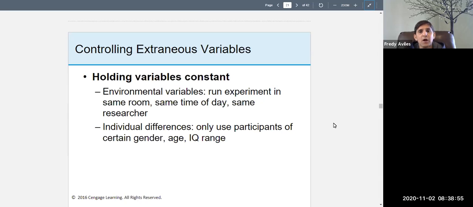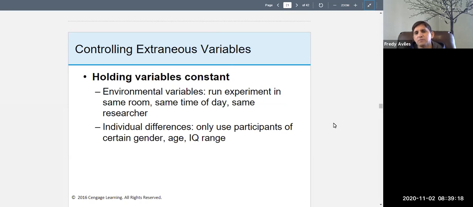So how do you solve this problem? Well, you can hold variables constant, like I said, right? You make it so these things don't vary. I talked about how to do that with environmental variables, but with individual differences, holding constant means you only use participants of a certain gender. Now let's talk about sex more specifically, because that's easier to understand.